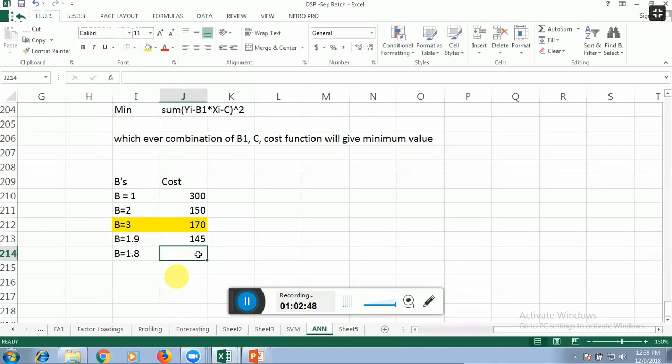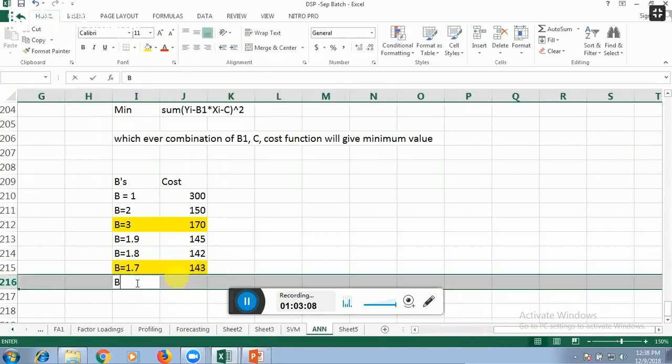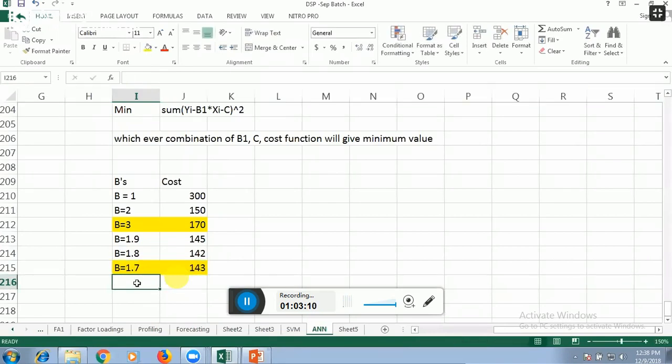Am I getting the value of cost reducing, for example, assuming that it's 142, it's reduced further. Then again beta equal to 1.7. Now assuming that the cost is increased, this cannot be a solution. Now what we will do? It will increase. So beta equal to 1.75. And now suppose it is decreasing, 142.5.